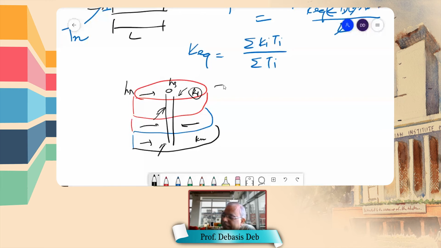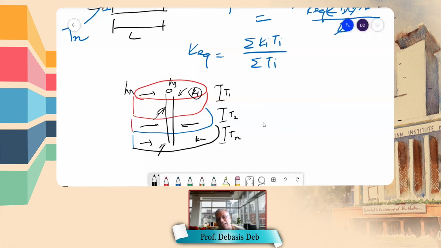Similarly, here what is happening? If you say T, they are getting changed, and this is Tn. So this is what is changed here. The total Q is not going to change, it is going to distribute into the different layers based on their hydraulic conductivity.